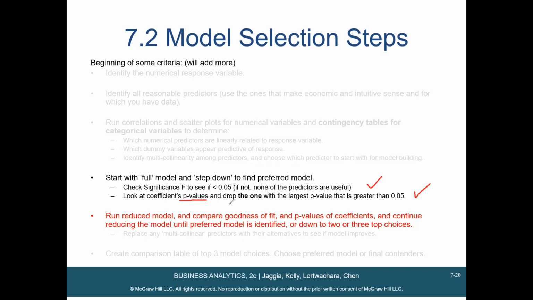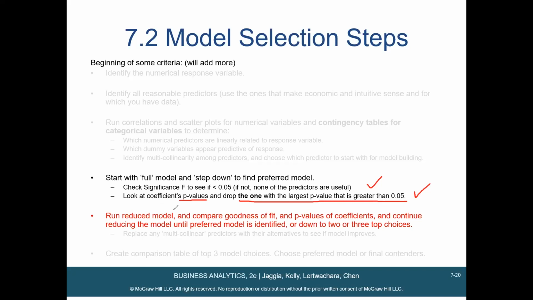And remember, big p-values are bad. Small p-values are good. So we're going to drop the one with the largest p-value that's greater than 0.05. That means we can't tell based on the data if the slope is different from 0, which means the predictor is not able to predict anything about the response.